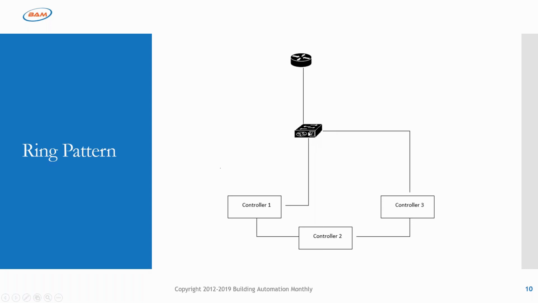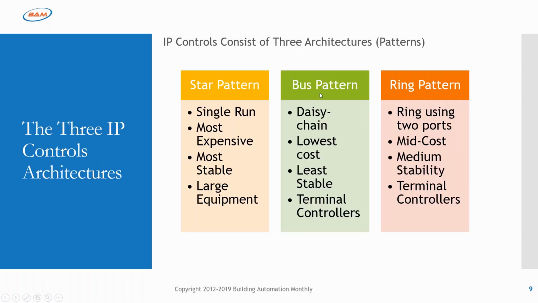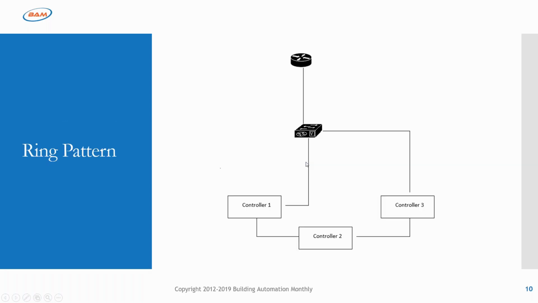That open port is sending traffic along from controller to controller to controller, and the switch is sensing that that port's working. If that port fails, then the other port opens up and the traffic goes the other way. So this is a way of making sure that your communication traffic is always flowing. So it's more reliable than the ring pattern, but it is much less cost than the star pattern.